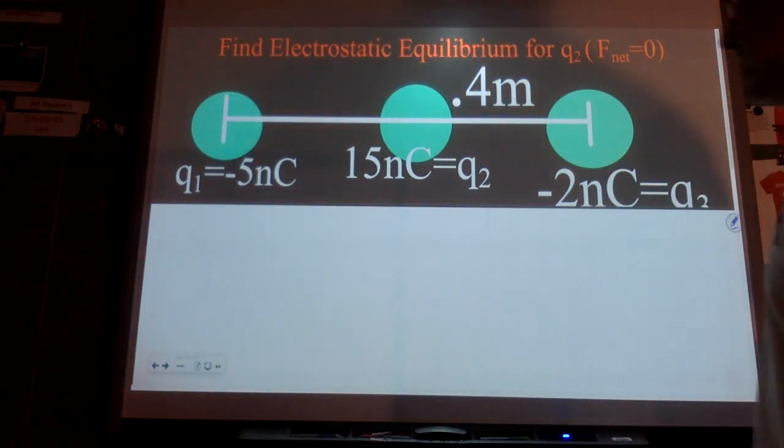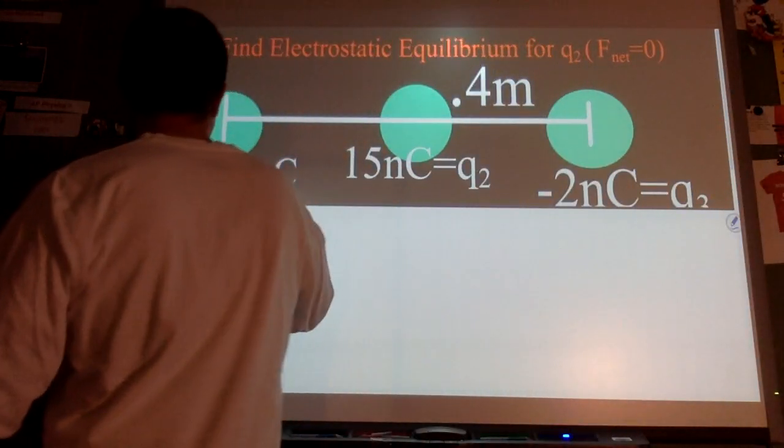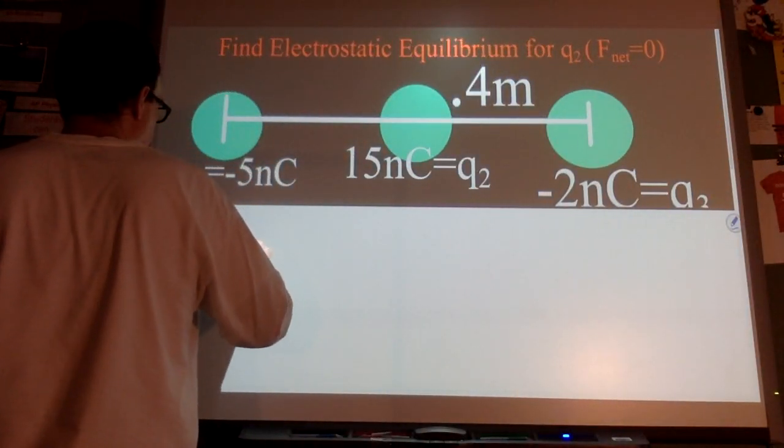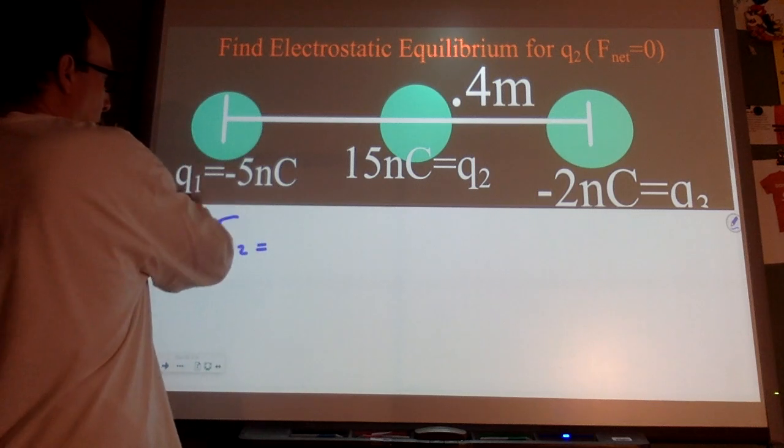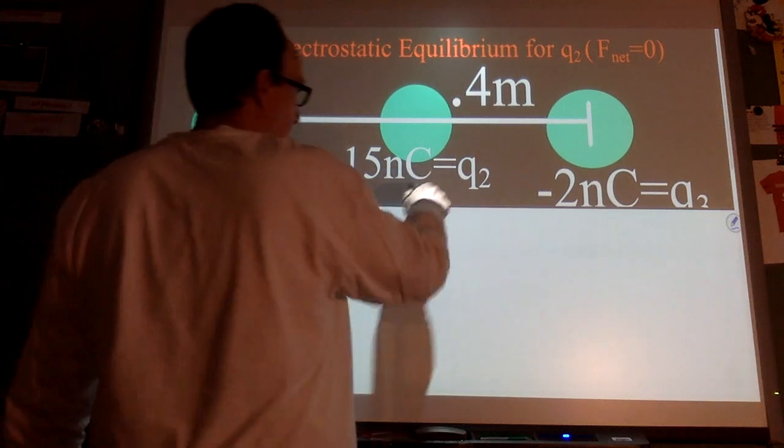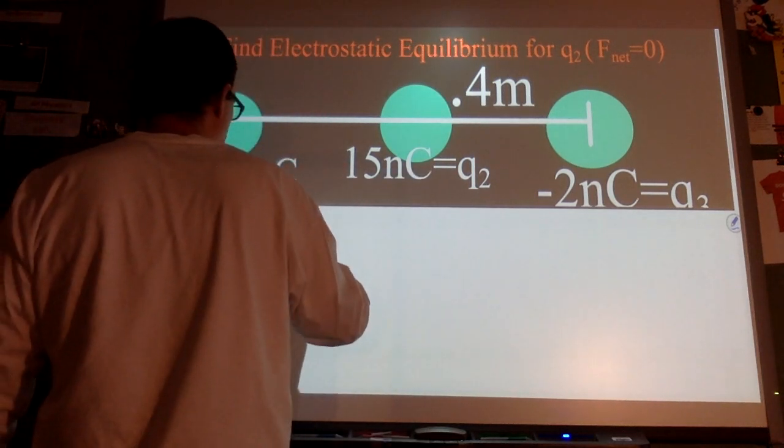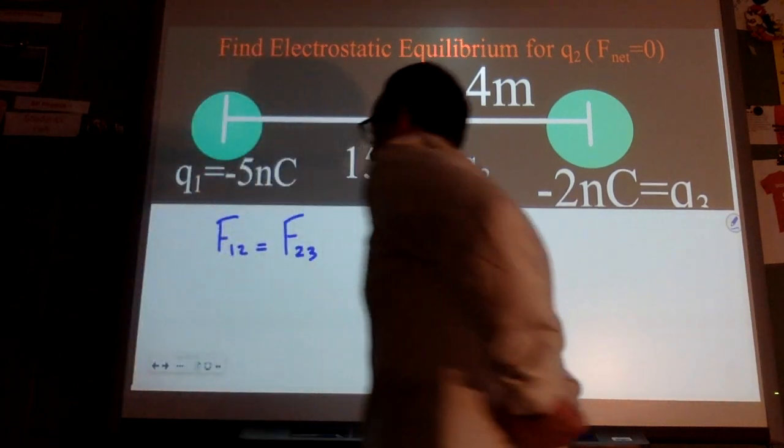So what we're saying is that the magnitude of F12, so Q1 and Q2, is equal to the magnitude of F23.